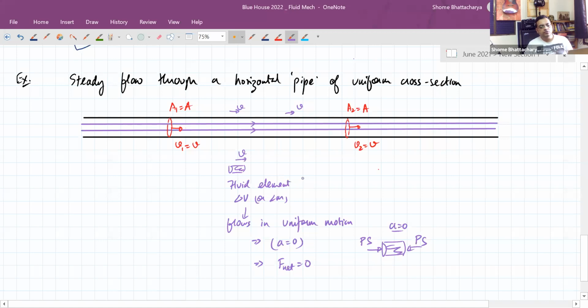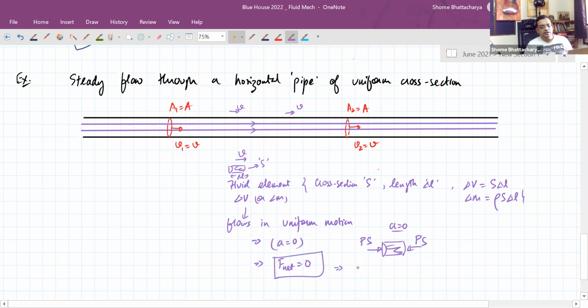So if this is a fluid element of cross-sectional area S and length delta L, its volume is S into delta L, and its mass is density into cross-sectional area into delta L. So that kind of a mass it is. Now because its acceleration is 0, the pressure must be uniform from both sides, because the net force must be 0.